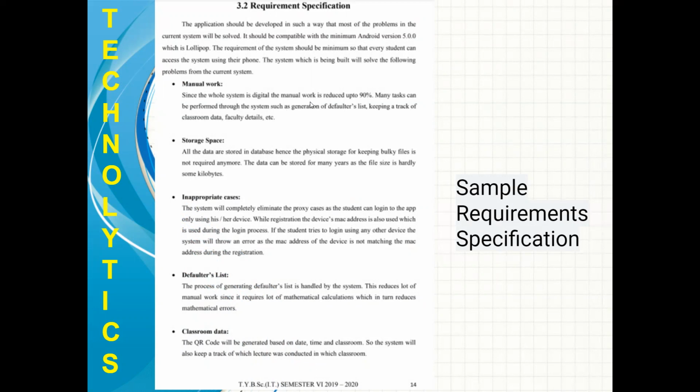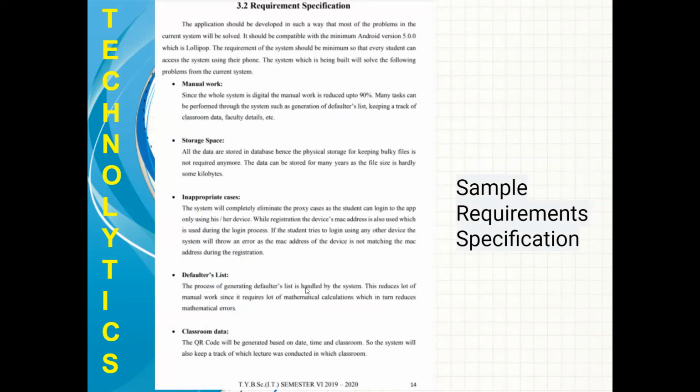Through a digitalized system, they are reducing manual work. Likewise, storage space, again, there is no physical storage space, and hence again, the storage space problem is overcome. Like inappropriate cases, here they have made the software through QR code generation. So of course, proxy cases would not be there.